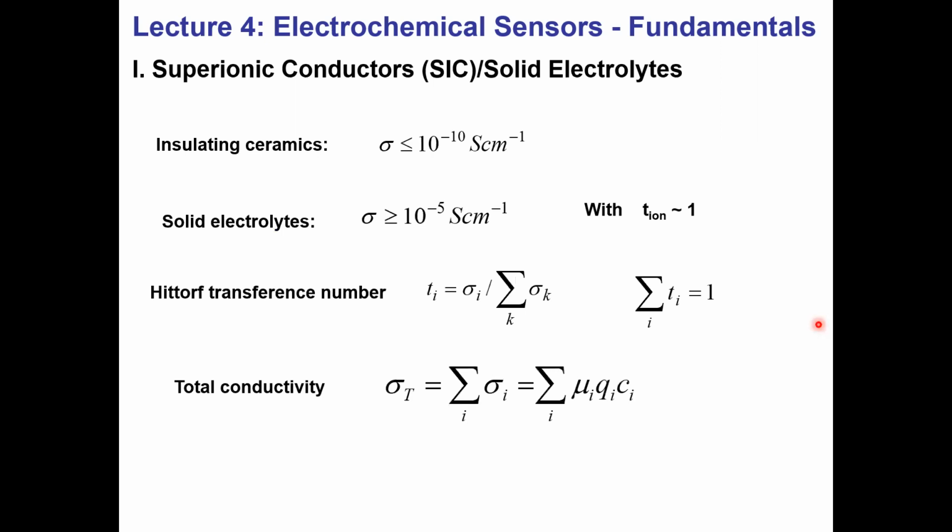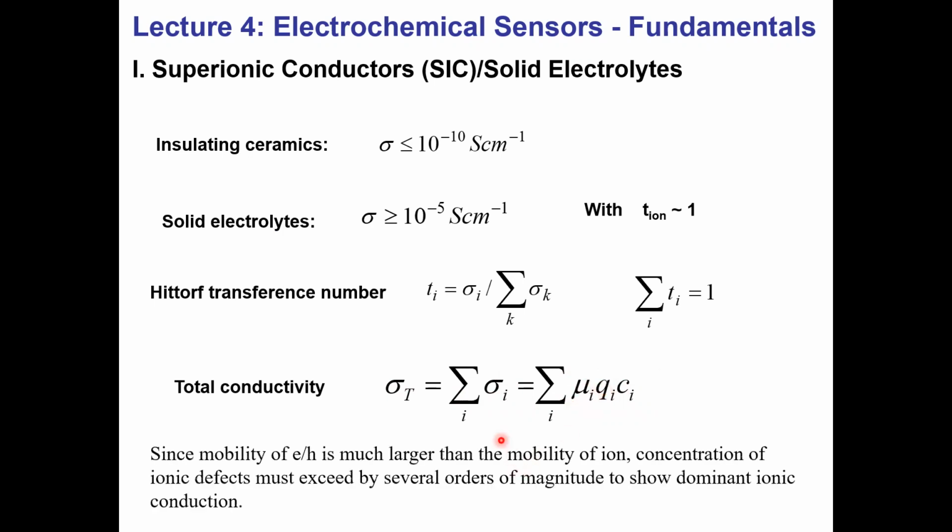Total conductivity is defined as the sum of the conductivities coming from ionic species, electronic species, and so on. And you can see that the electric conductivity is controlled by two critical parameters. One is the concentration of the charge-carrying species, how many of them are moving, and the other is how fast they're moving, their mobilities.